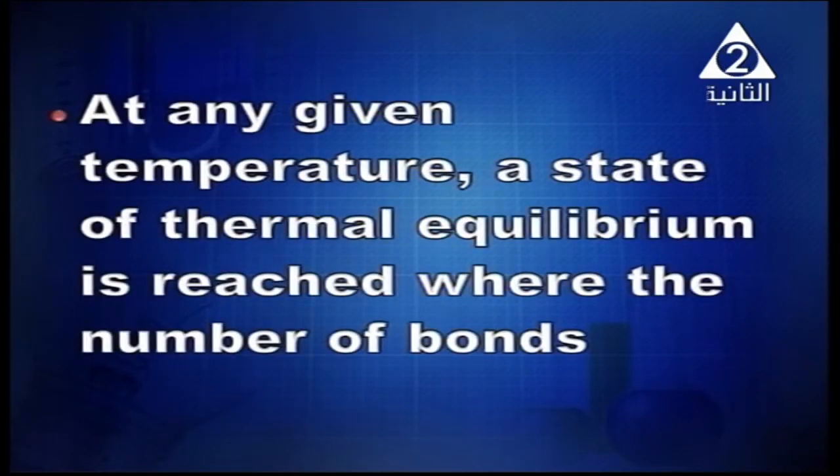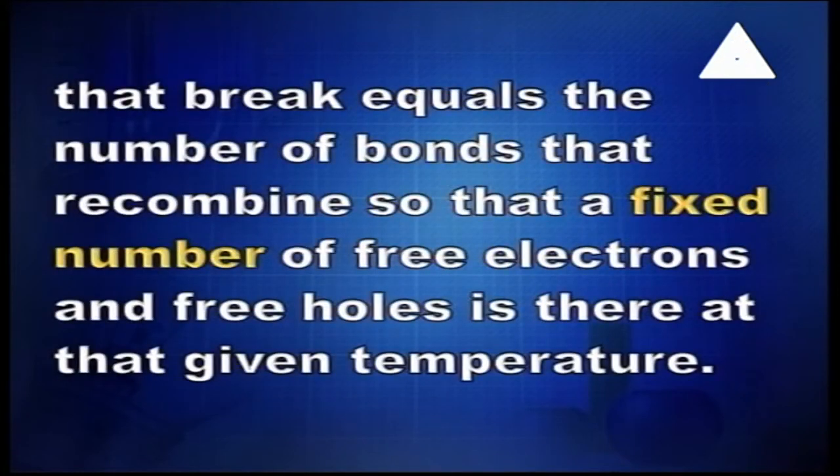At any given temperature other than 0 Kelvin, a state of thermal equilibrium is reached. We call it a state of thermal equilibrium, where the number of bonds that break equals the number of bonds that recombine, so that a fixed number of free electrons and free positive holes is there at that given temperature.